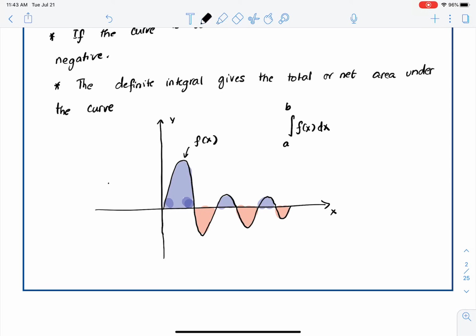The one in purple, I'll call A1, A2, A3, B1, B2, B3. So the net area that we get when we integrate would simply equal A1 plus A2 plus A3 minus B1 minus B2 minus B3. The ones above the x-axis give us a positive area, and the ones below the x-axis give us the negative area.